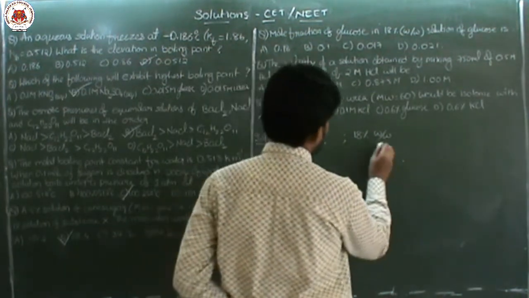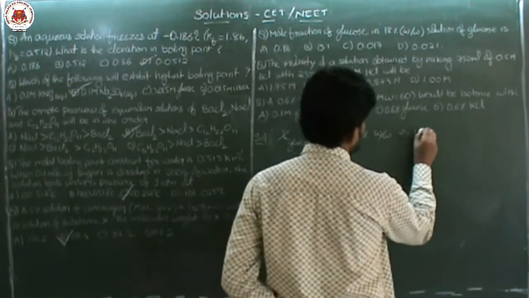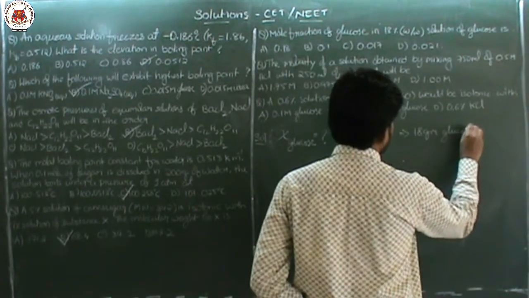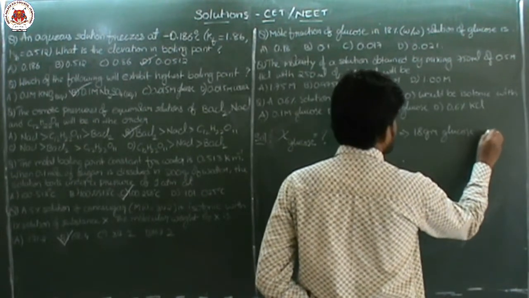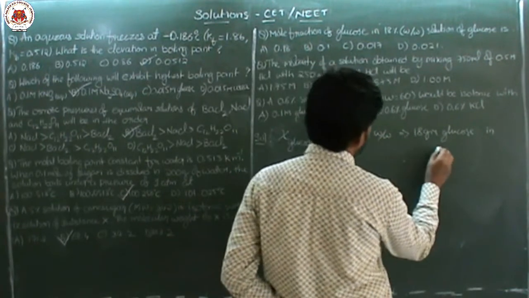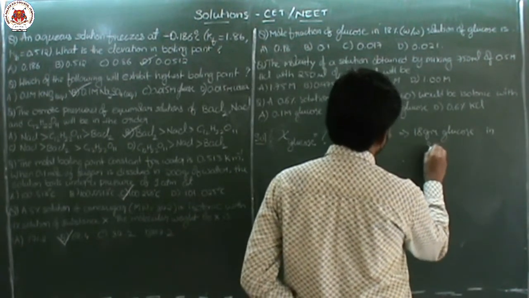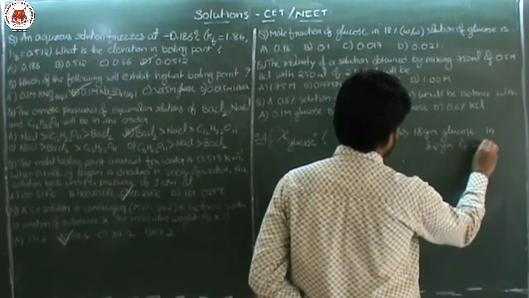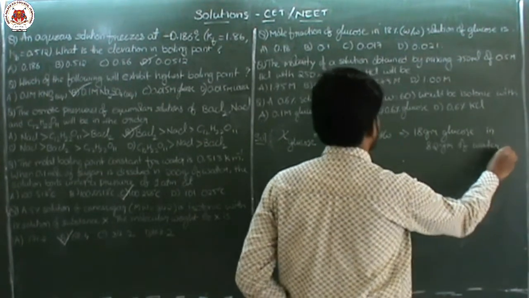It means 18 grams of glucose is present in 82 grams of water. That is the meaning of weight by weight percent.